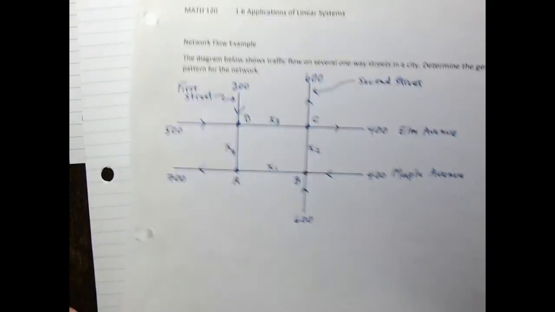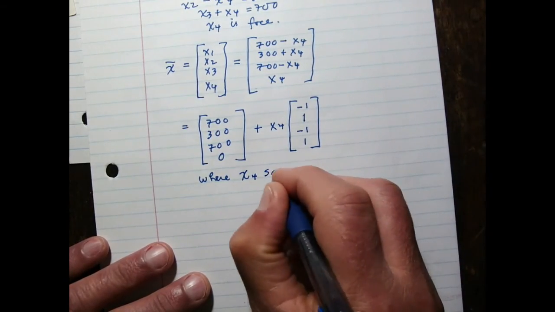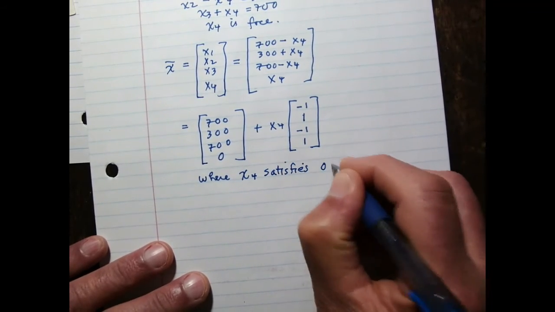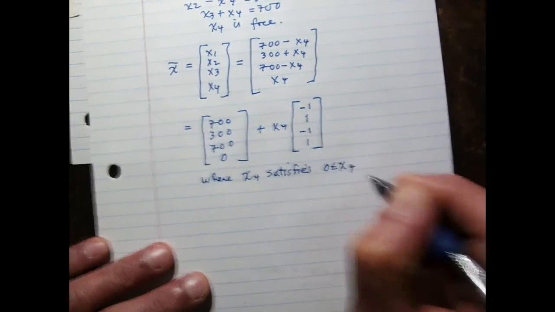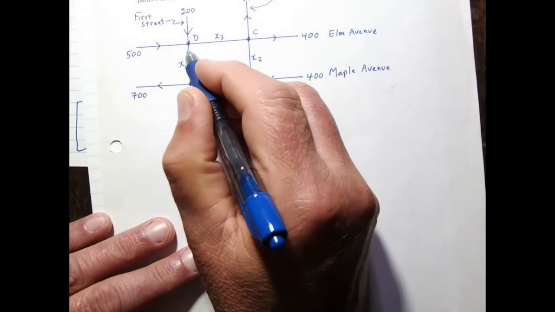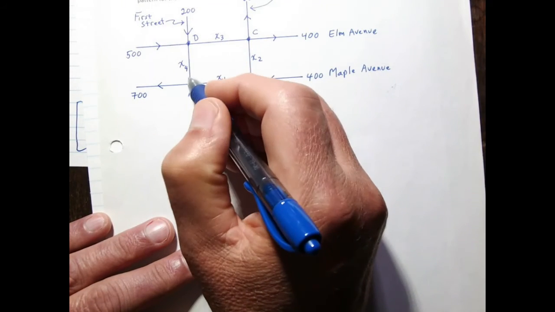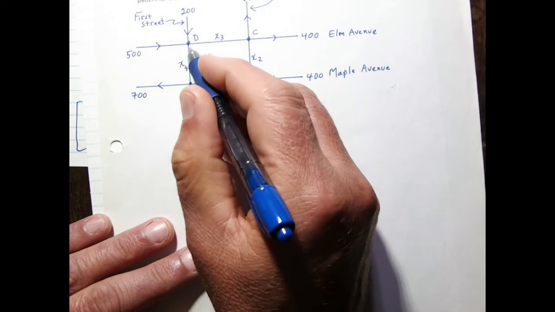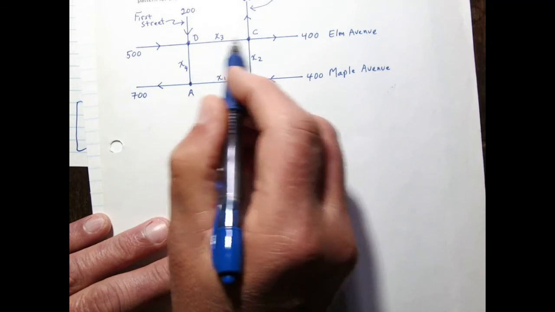But here, for instance, certainly x4 cannot be negative. So we can't say any real number, right? We can't have a negative. And I think there's also a maximum value for x4. So x4 is part of the flow out of intersection D. x3 is flow out.